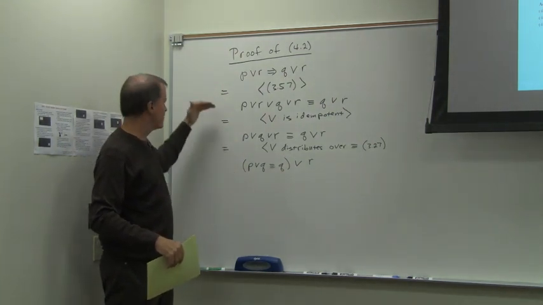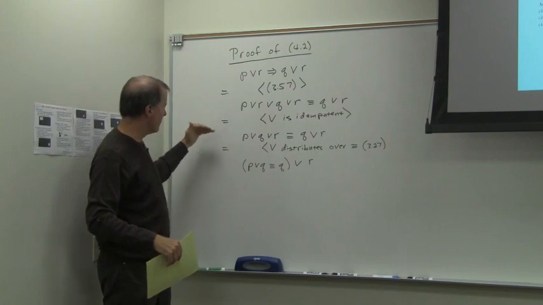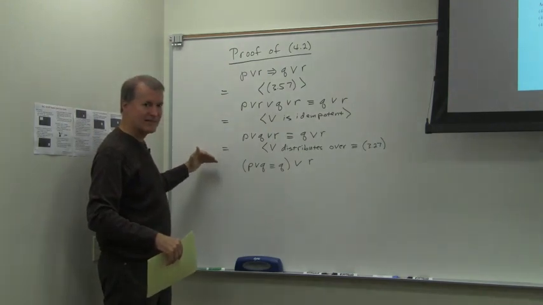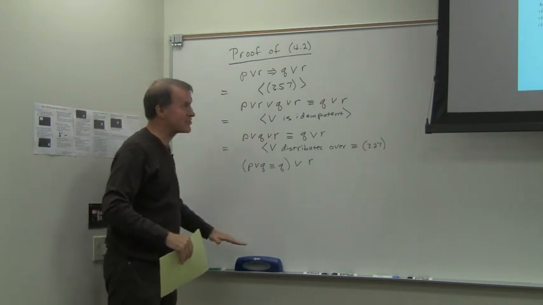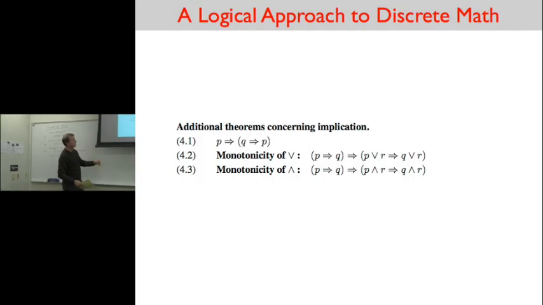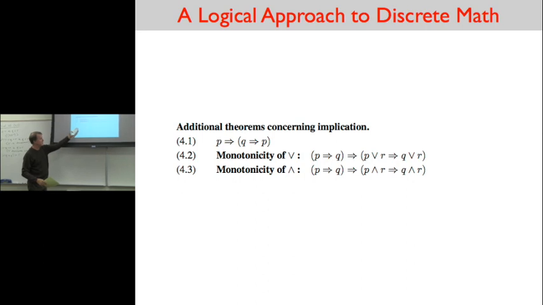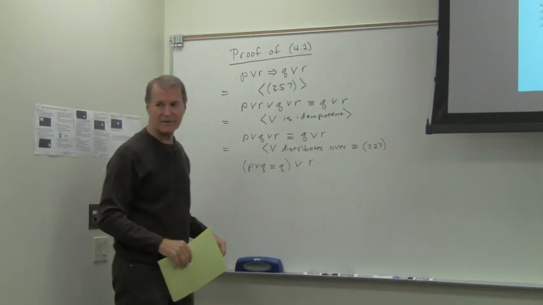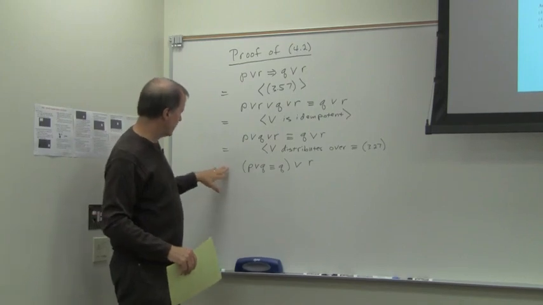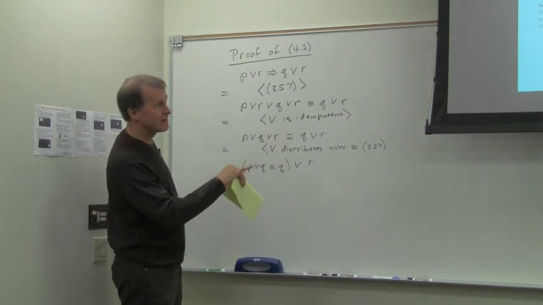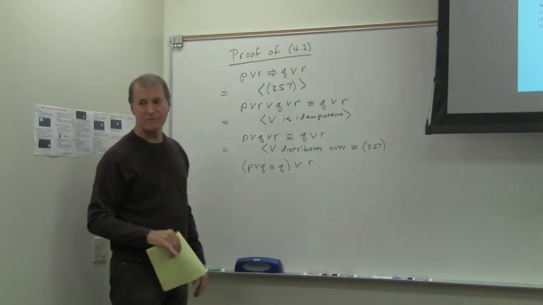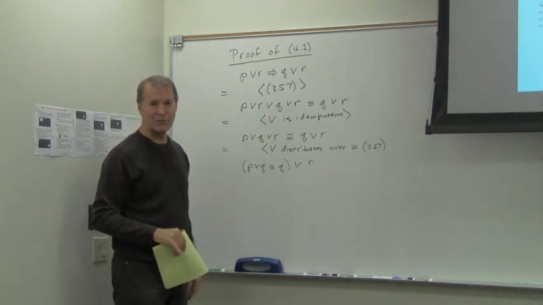Eventually, down here, there's going to be a follows from, and what we want to eventually get it to is the other side, which is P implies Q. So does everybody understand the program here? What we're going to do is have a follows from, and we're going to end up with P implies Q.